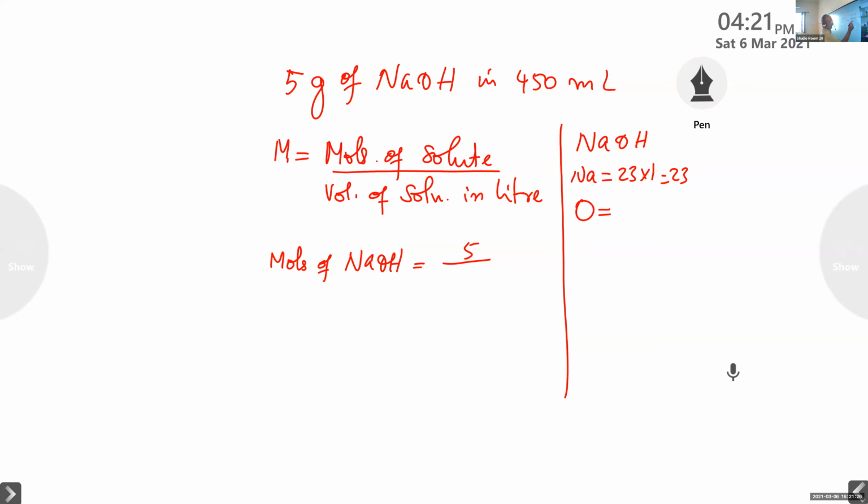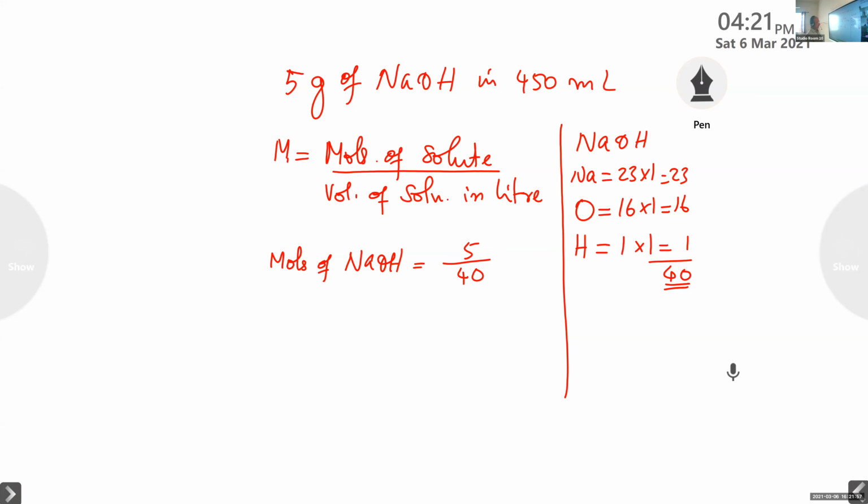Oxygen atomic mass is 16 into 1 is equal to 16. Hydrogen atomic mass is 1 into 1 is equal to 1. You add all this, then the molecular mass of sodium hydroxide is equal to 40. So you substitute the molecular mass of sodium hydroxide here as 40.